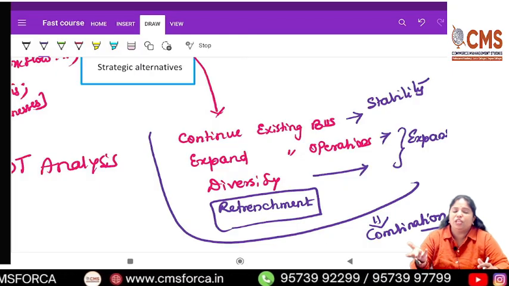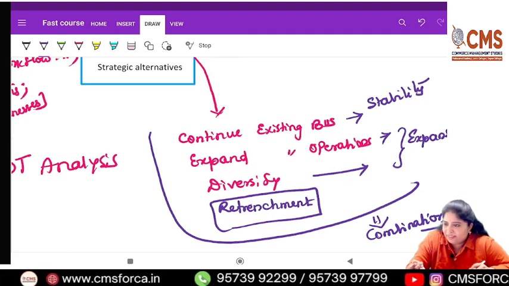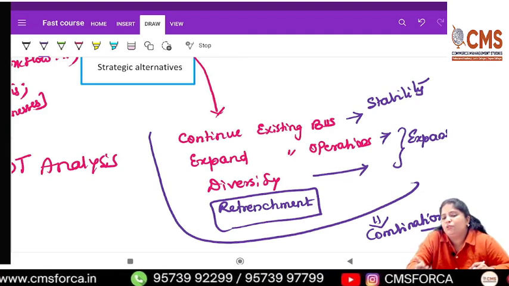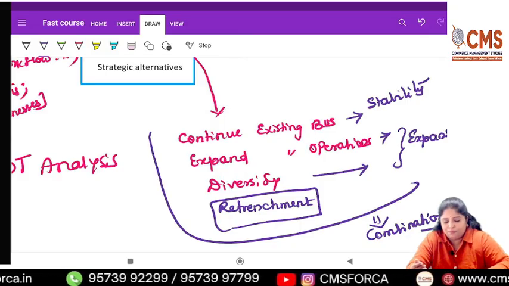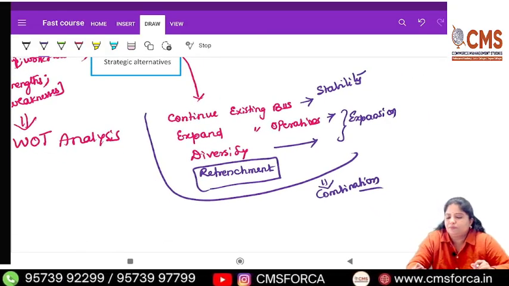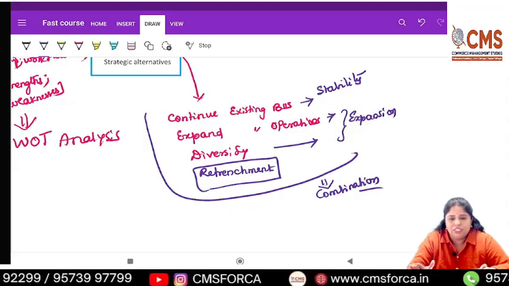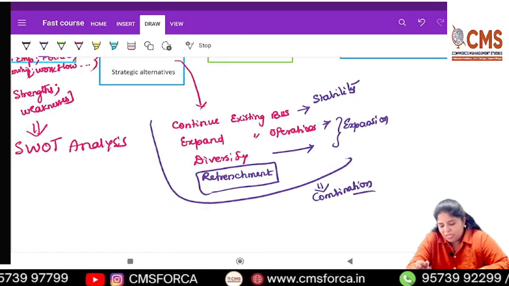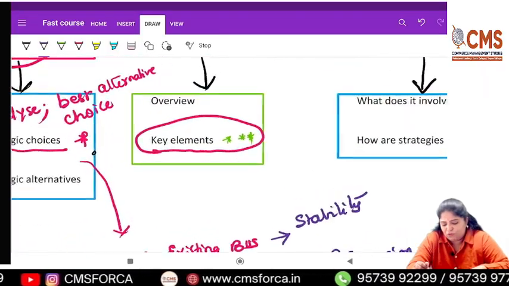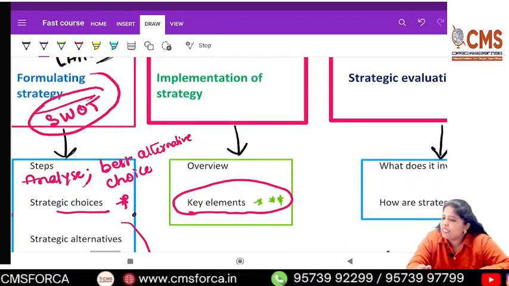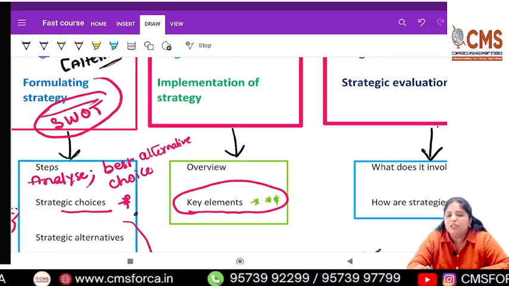Combination is where they choose 2 or more strategies together to customize according to their own requirement. We good with this?